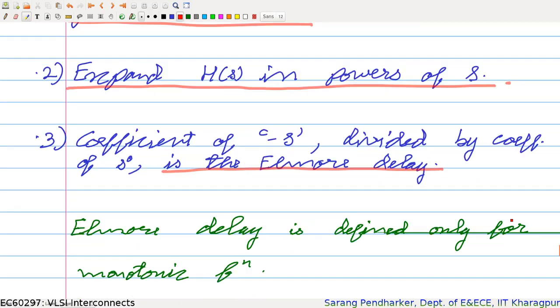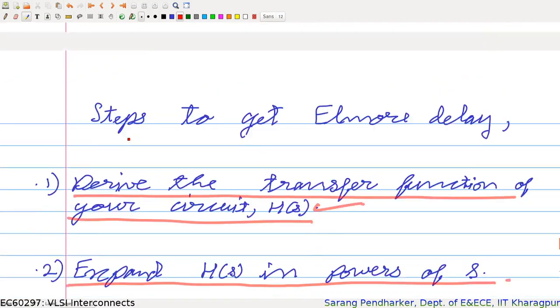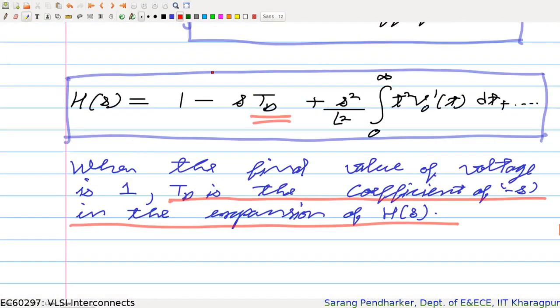Often in passive circuits, your output voltage would not exceed your input voltage, and your output voltage would finally reach 1 in that case. So most often your coefficient of s to the power 0 would be 1, and you will get something like this.